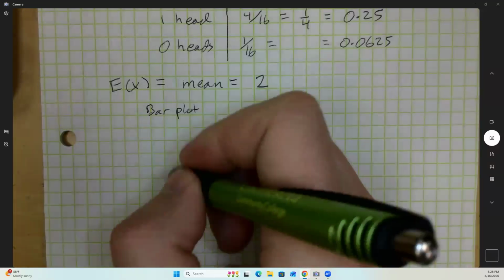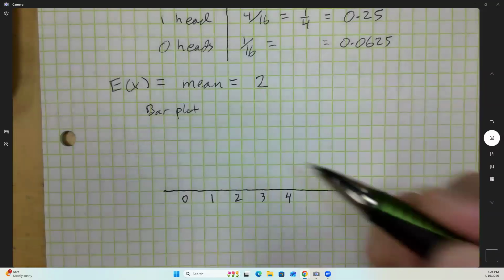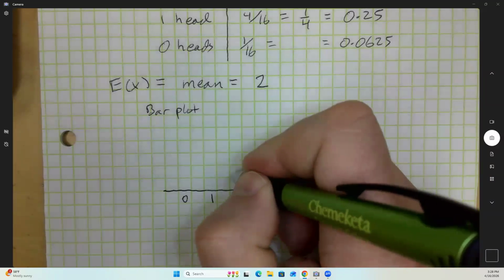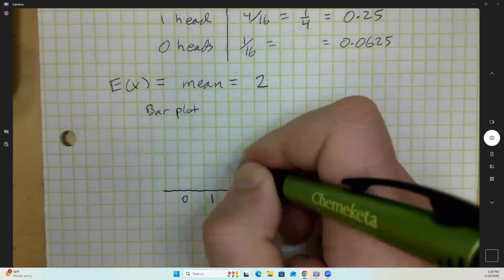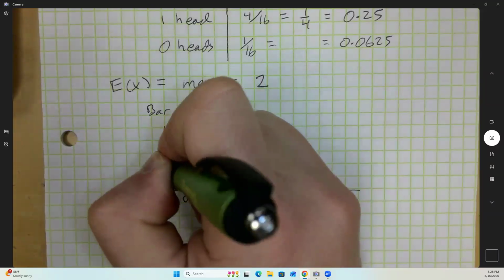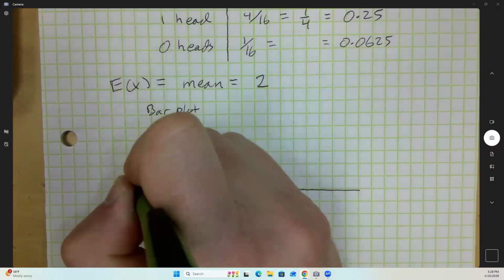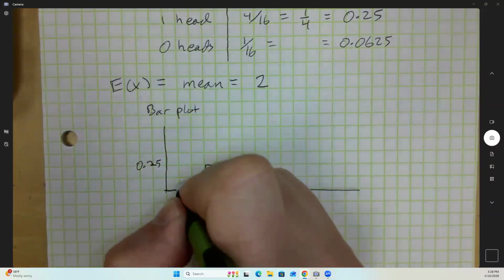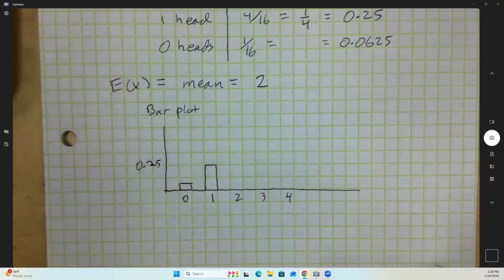And let's treat the height of each bar as a 1/4 possibility. No, how about 2 bars is a 1/4 possibility. So 1 would be here. Zero is going to be down here, 0 heads.